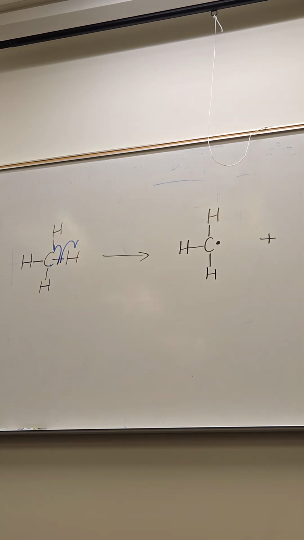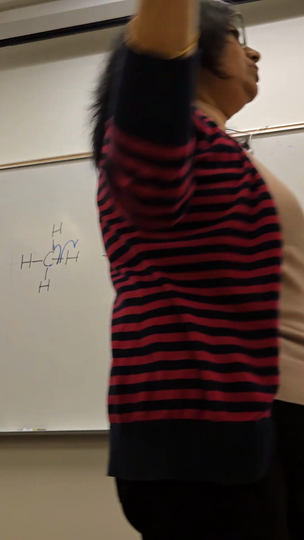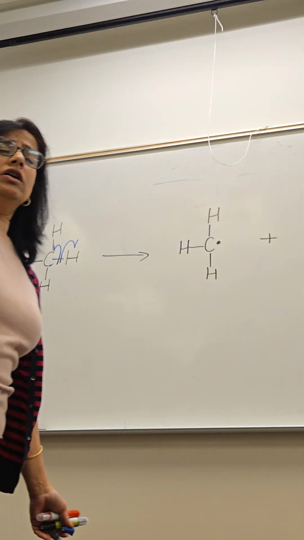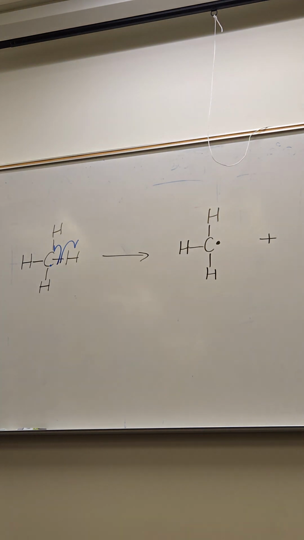Heterolytic processes, where two electrons go here and two electrons go there, will always result in ions, plus or minus. Homolytic bond processes, whether it's bond making or bond breaking, will either create radicals or use radicals. One electron in this bond went to the hydrogen, the other one went to the carbon.